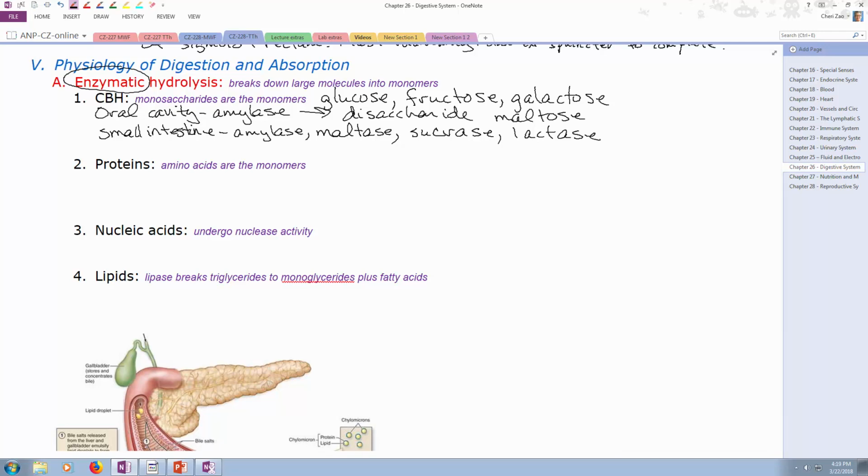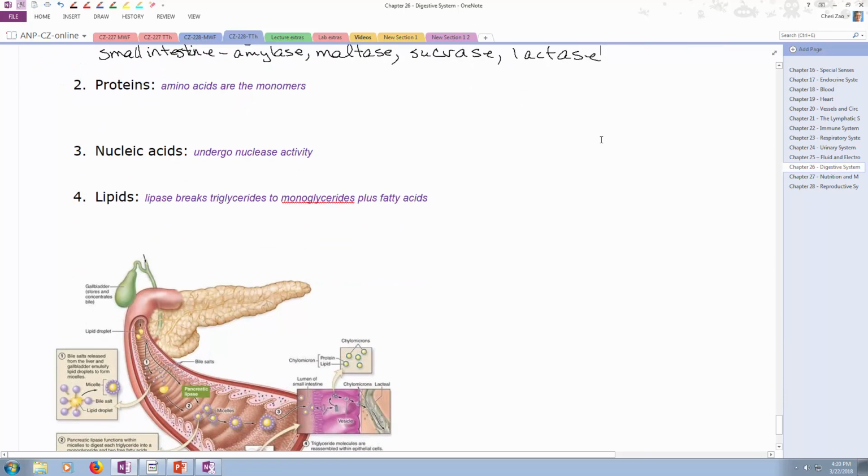And you can pretty much tell what they're supposed to act on by the prefix that we see. Maltase, maltose, sucrase, sucrose, and lactase, lactose. And so those are our enzymes for carbohydrate hydrolysis itself. Now, these enzymes will be found throughout the small intestine and will then help us break things down into the monomers, which will then allow us to bring the substance into the cell itself, into the cell's cytoplasm and contents.